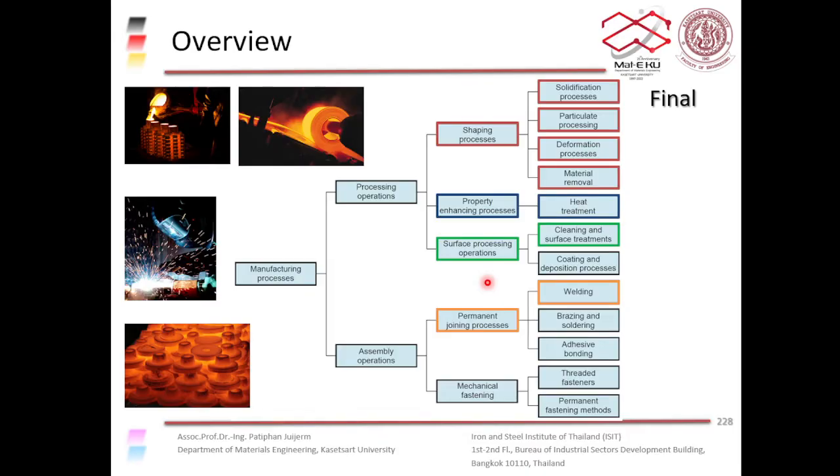One of the things that we can do to increase fatigue life of a material is by making the surface smoother, right? The smoother the surface, the higher the fatigue performance of a material. Okay, so these surface processing operations improve the surface in terms of making it nice to look at and also have better performance.